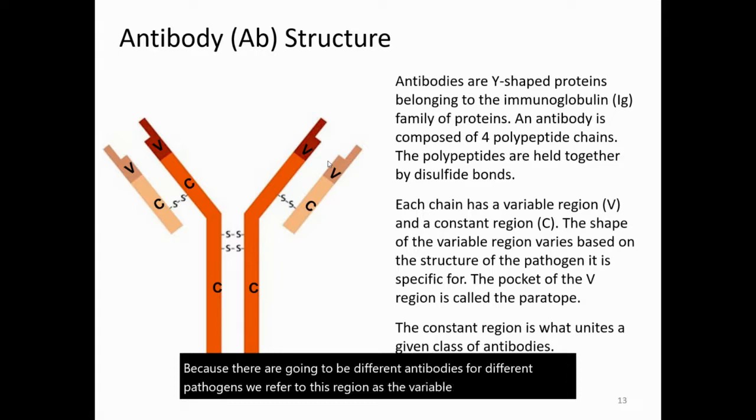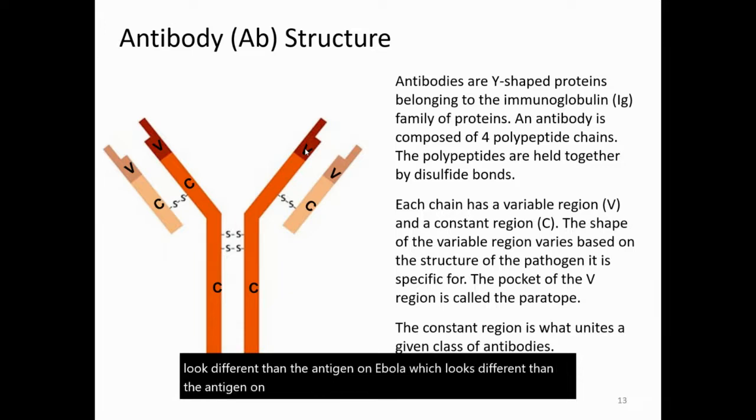That's what the V stands for, because the exact shape of this area is going to vary based on what the specific target is, because the antigen on E. coli will look different than the antigen on Ebola, which looks different than the antigen on Salmonella.